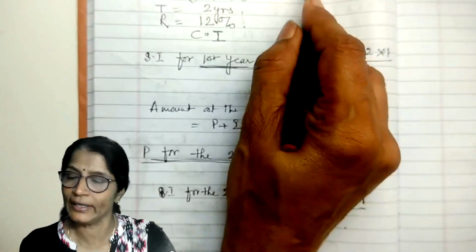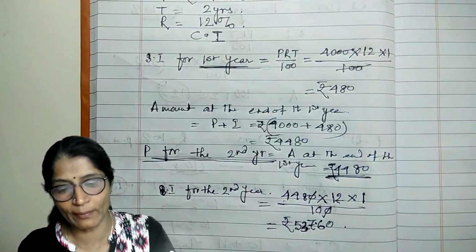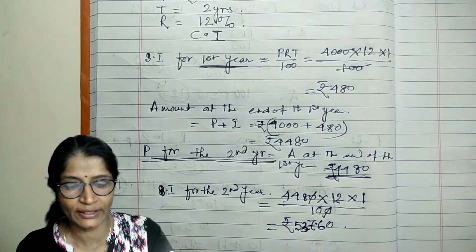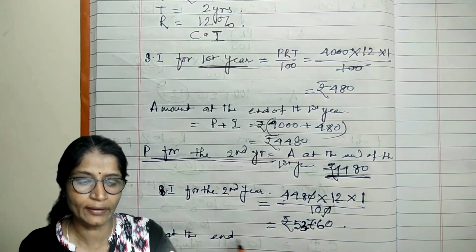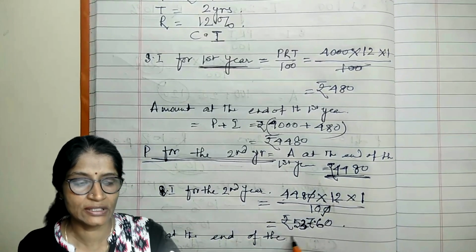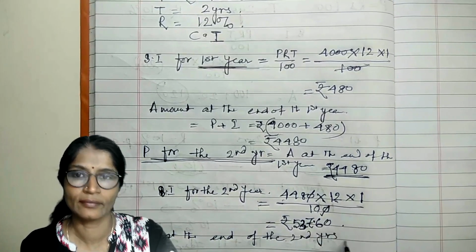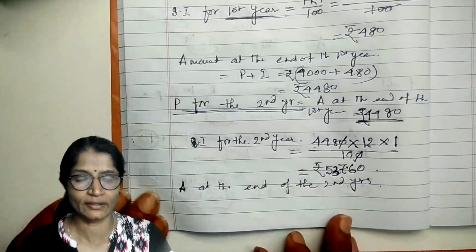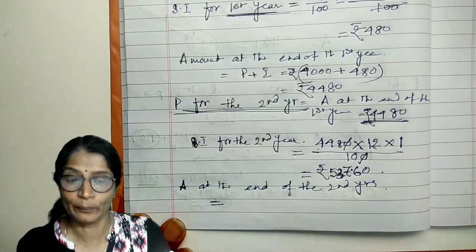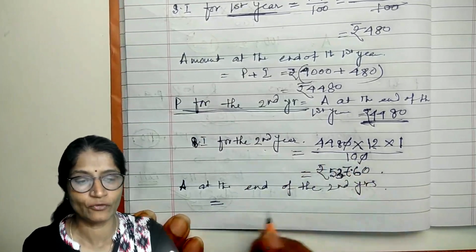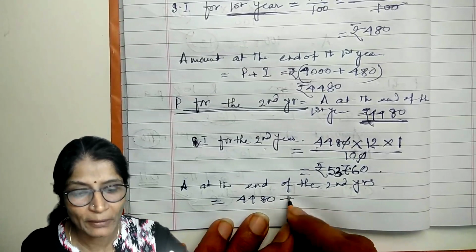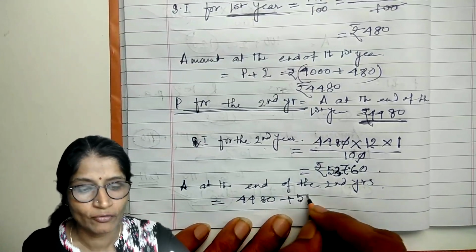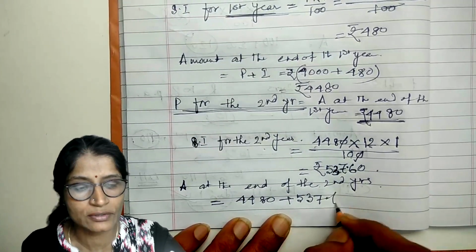Find the amount and compound interest. Okay, so amount will be equal to how much? Amount at the end of the second year will be equal to principal for the second year, that was 4,480, plus the interest for the second year, 537.60.